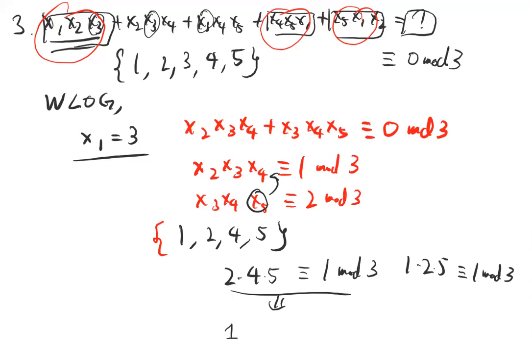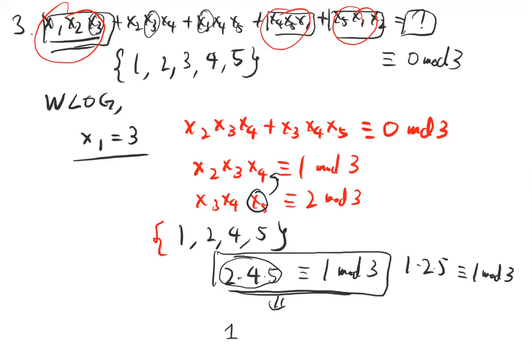If we look at x3 x4, it has to be 2 of these 3 numbers, and we have to choose 2 of these 3 numbers to produce 2 mod 3. So let's look at this condition first. How many different combinations can we get for 2 mod 3?